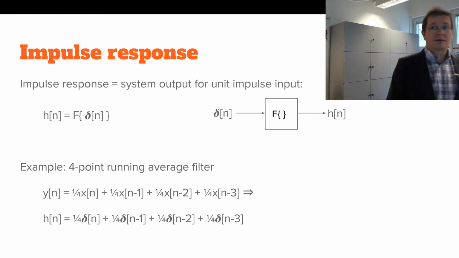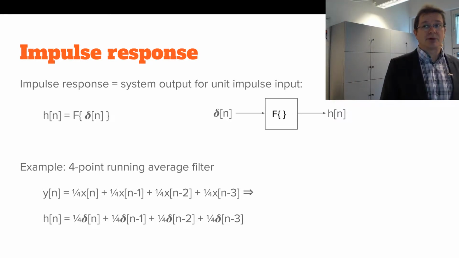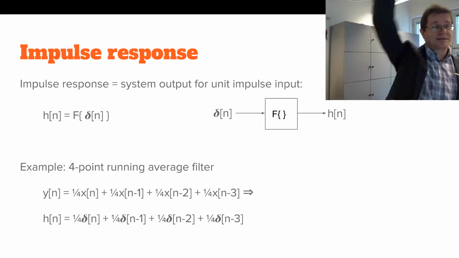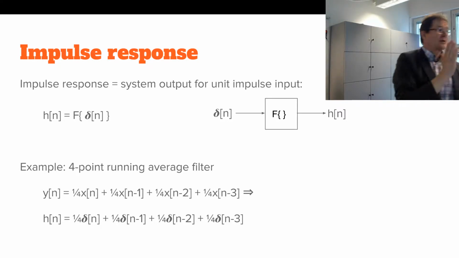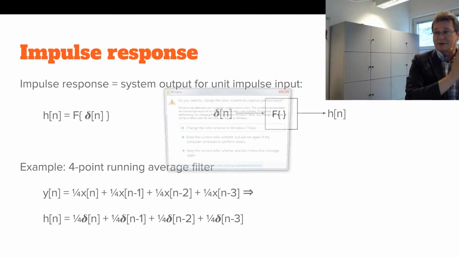In the analog, real world, you would actually use step response for determining the system properties, just because the impulse is a little bit funny to make in continuous time. It has infinite value for an infinitely short period.